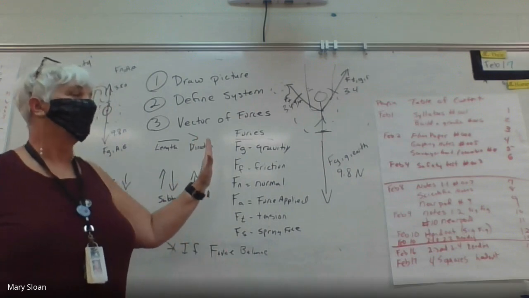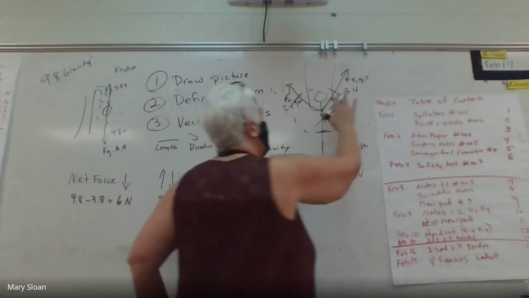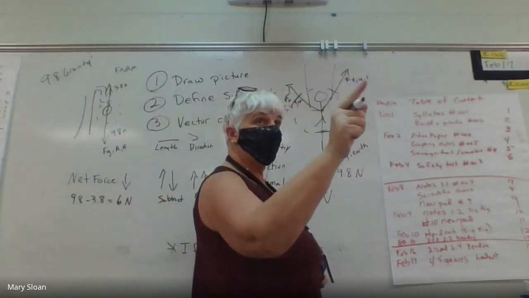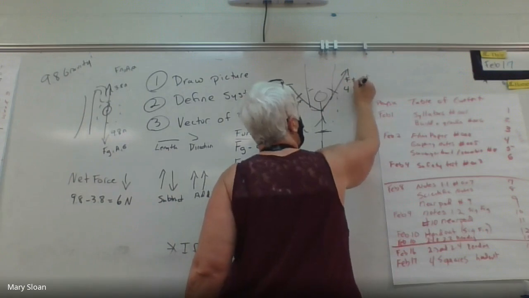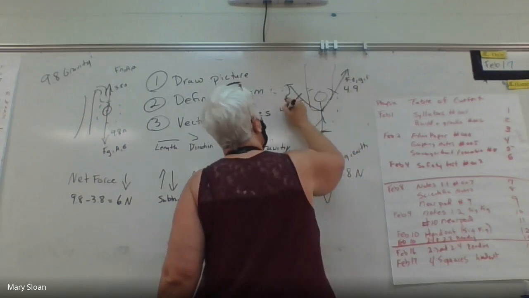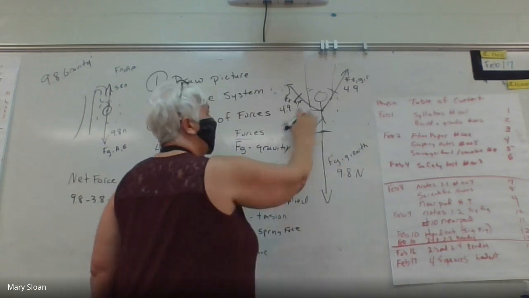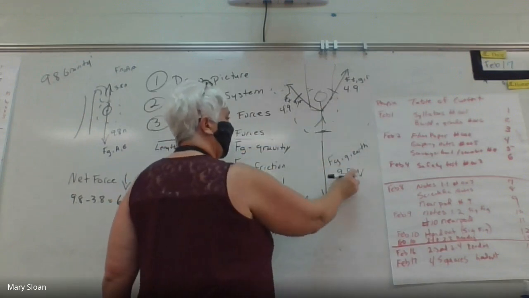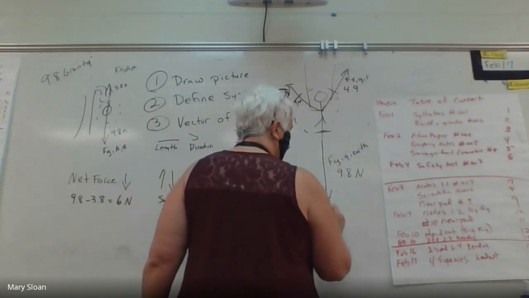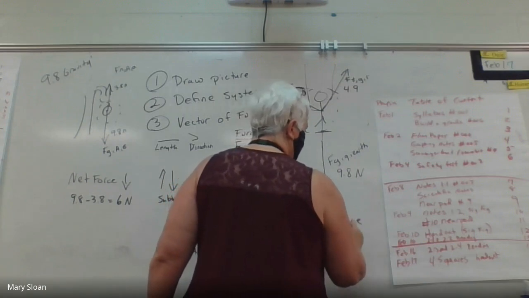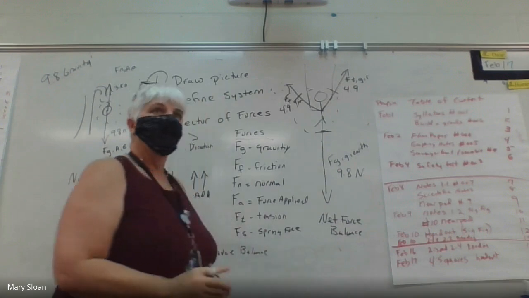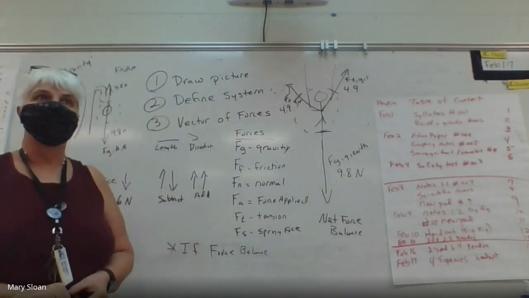Tell me what you got. 4.9. There we go. And listen, that would have been my first thought. I'm right there with you. You said 4.9, sir? Yes, ma'am. So if they're both 4.9, this is 9.8. My net force is what? Balanced. Do you understand? Everybody good?